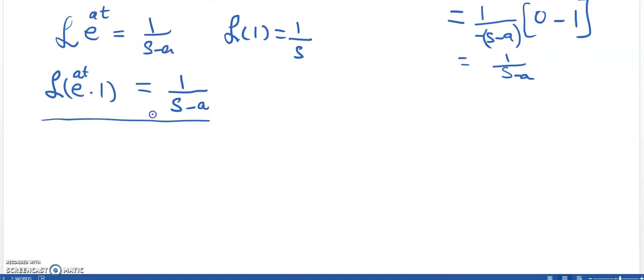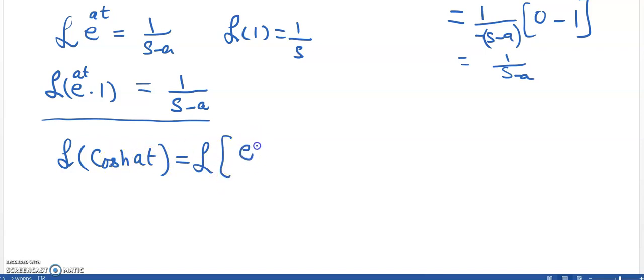So with these things in mind, we can also find the Laplace transform of the hyperbolic function cosh at. Suppose we want to find the Laplace transform of cosh at. So how can we find it? We know that cosh at is e power at plus e power minus at, divided by 2.